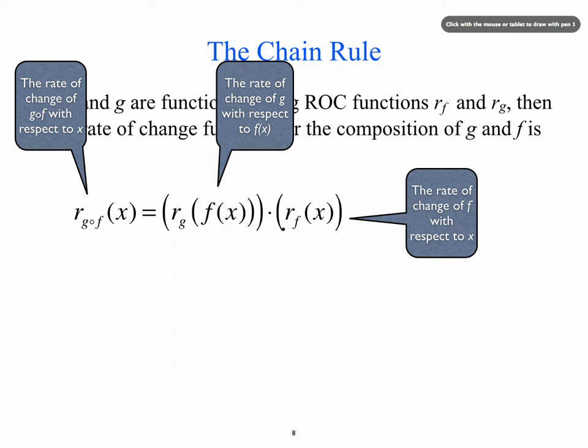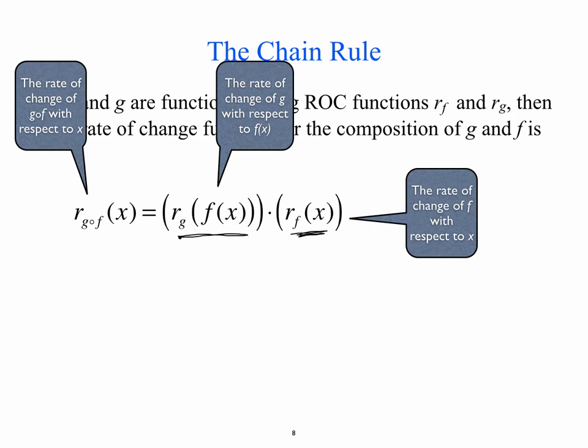But based off of the previous diagram, the way to actually think about it is you change x by a little bit, and so the inner function f will change by a little bit, right? And then that change in f has to get plugged in, if you will, to the change in g.